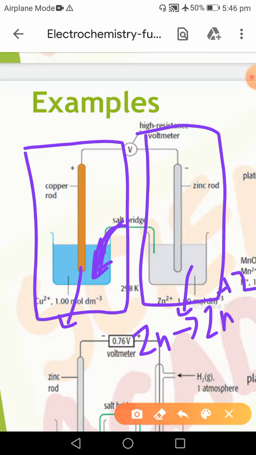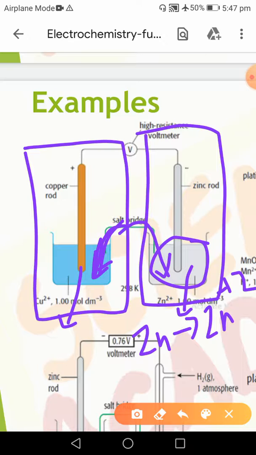So what would the salt bridge do? The salt bridge would send some negative charge into the solution to keep the total amount of positive charge the same in the beaker of zinc. So that is the function of the salt bridge. Number one, to complete the circuit, and number two, to maintain the balance of the charge in both the half cells.